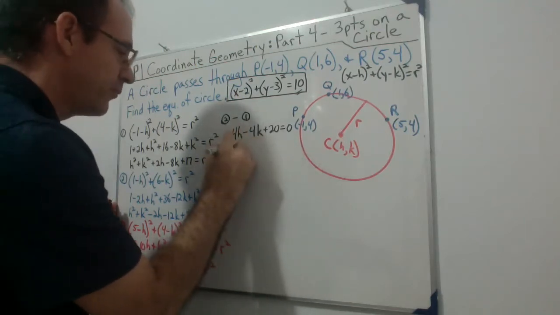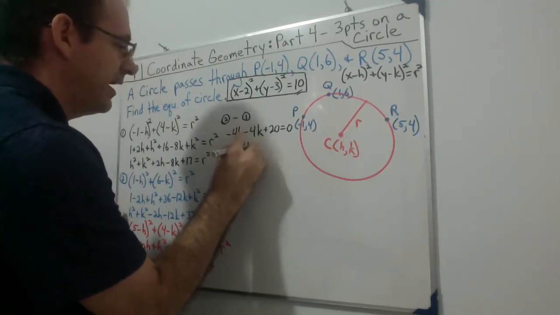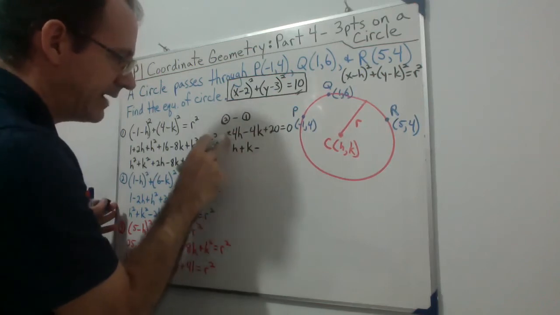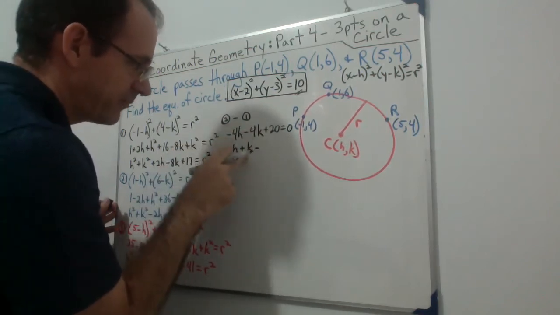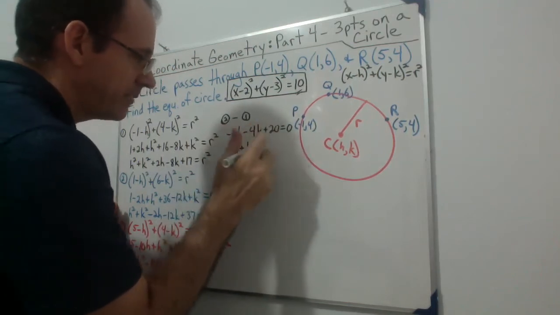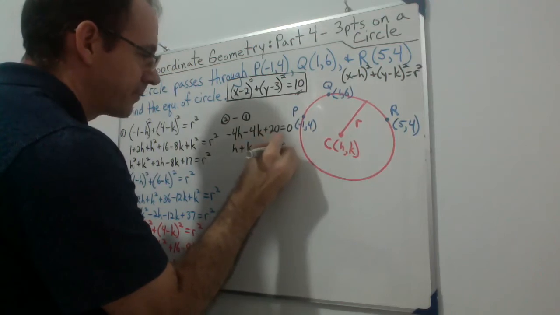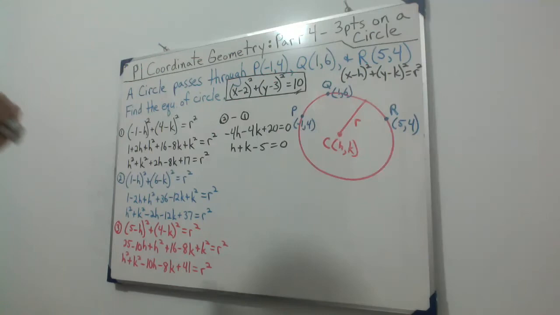Divide by negative 4, and so we get h plus k, because we're dividing by negative 4. Negative 4 divided by negative 4 is 1. 20 divided by negative 4 is negative 5 equals 0. Okay, so that is our first one.